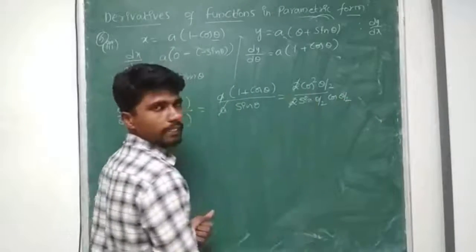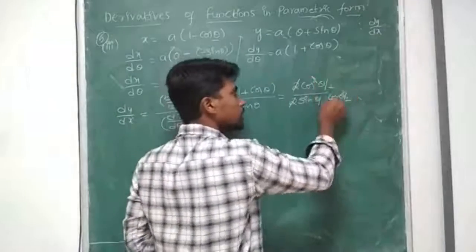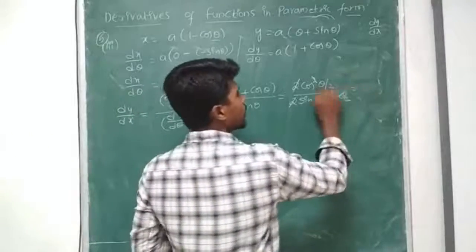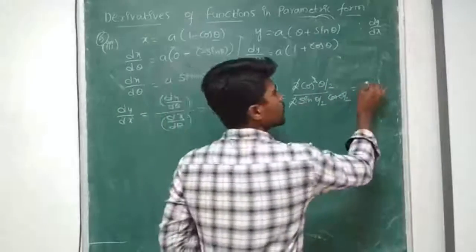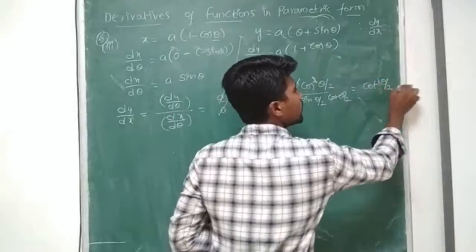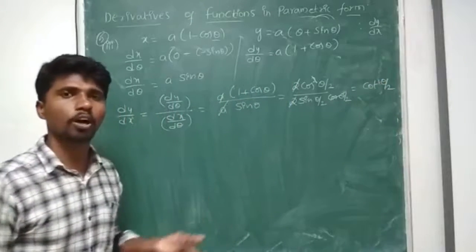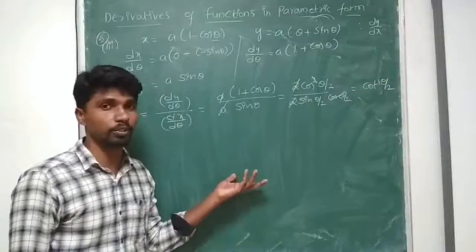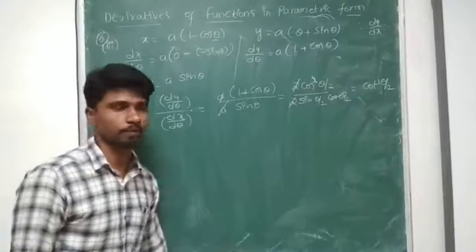The 2 and 2 get cancelled, cos square and cos theta by 2 get cancelled. We get cos theta by 2 by sin theta by 2, which is nothing but cot theta by 2. It depends upon the options, but we don't have options, so this is our answer.